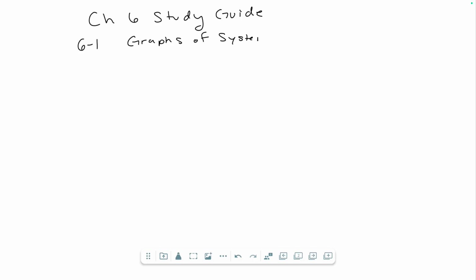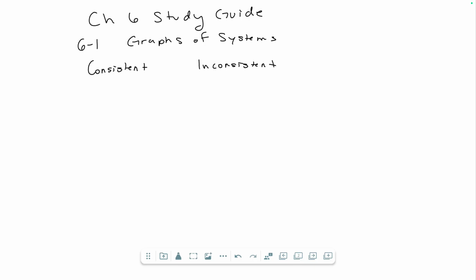Graphs of systems. Okay? So what we learned in this first lesson was that the solution to a system of equations is an intersection. We learned that there were different ways that we could classify the solutions. Okay? We had consistent systems and inconsistent systems.